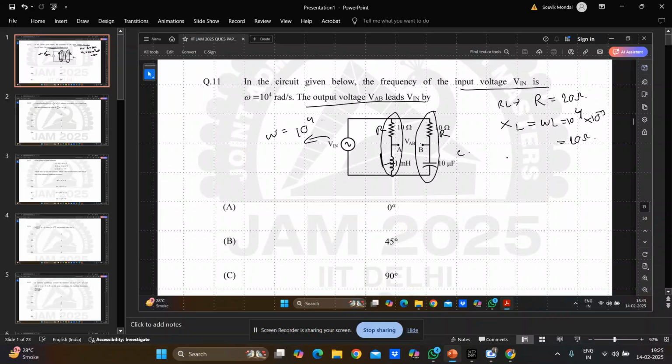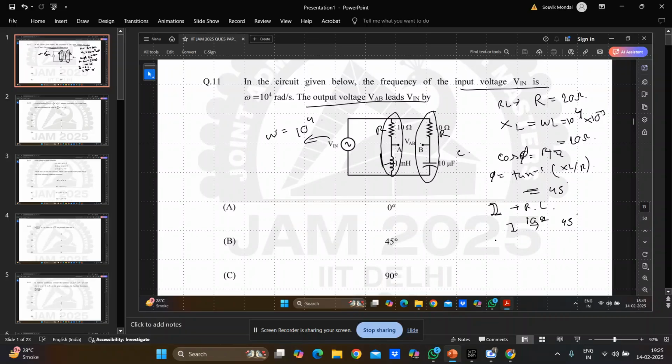Okay, so now you know that the phase difference, cos phi, is equal to R by Z, or you can also say that phi is tan inverse XL by R. So this is basically 10 by 10, that is 45 degree. So this is the phi if current is flowing through an RL circuit. Okay, so this current will lag the VIN by 45 degree.